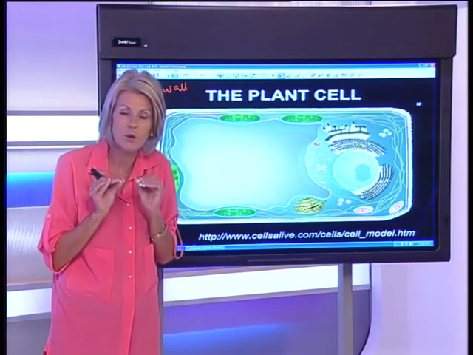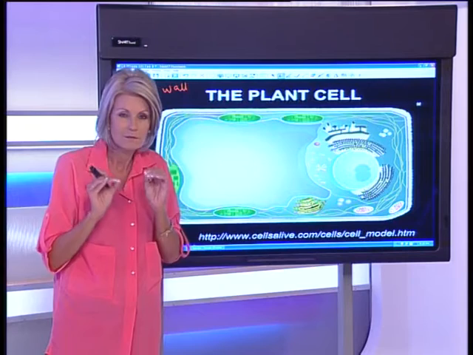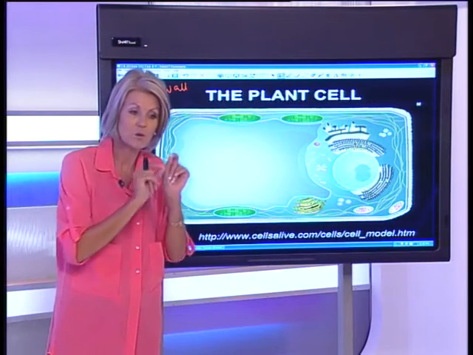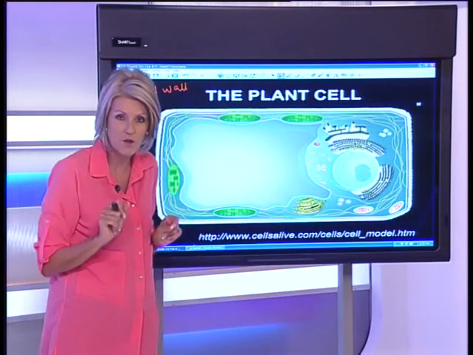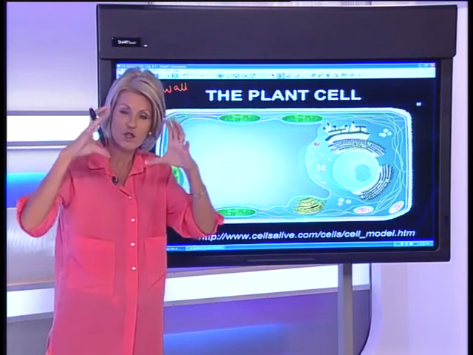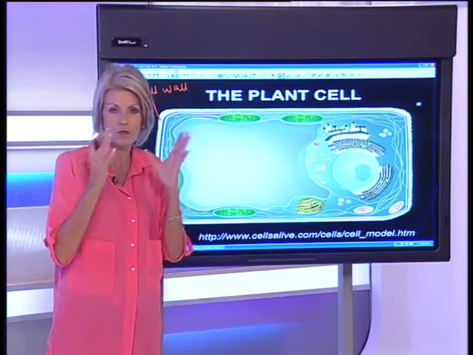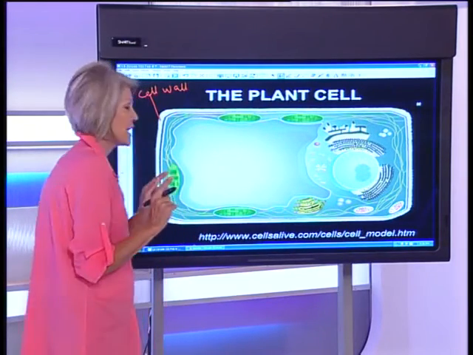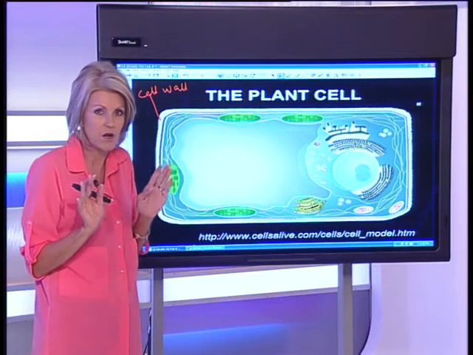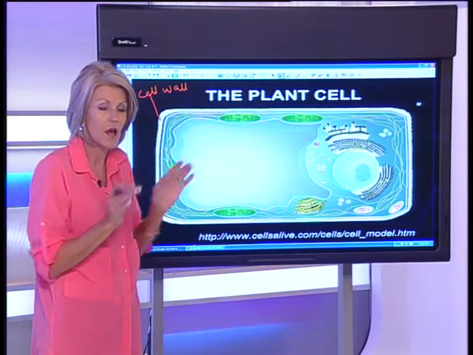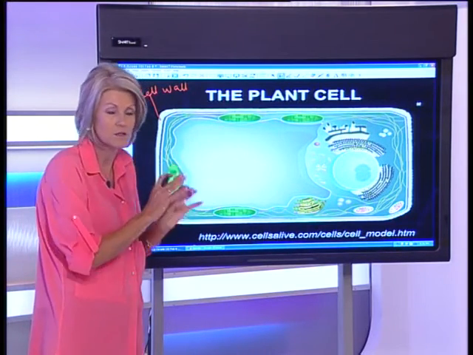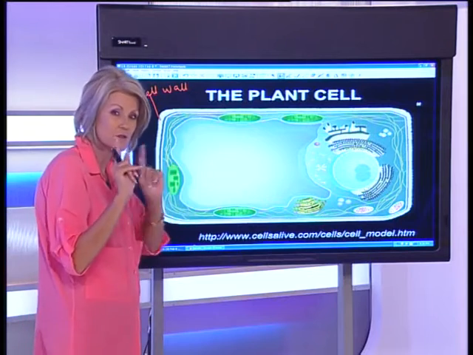So the cell wall provides structure versus function. The cell wall is made of cellulose, you must know that, and it provides structure, shape, and support to the plant cell. Very important. And in animals, there are no cell walls. Okay, only in plant cells, not animal cells. So that's one difference already.